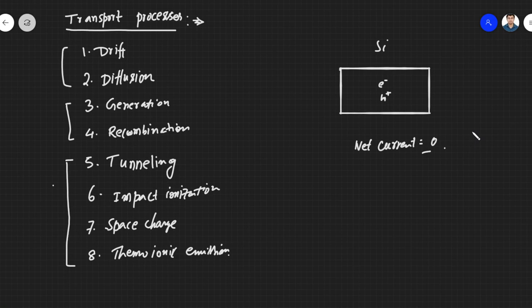And we know from the theorem of equipartition of energy that under thermal equilibrium, the average thermal energy of a free electron is considered. These electrons are in the conduction band, right? Whatever carriers we are talking about, we're talking only about the electrons present in the conduction band, or free electrons. Under thermal equilibrium, the average thermal kinetic energy of this electron is equivalent to half kT per degree of freedom.